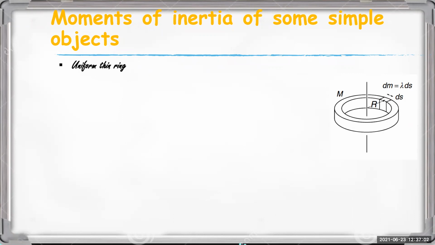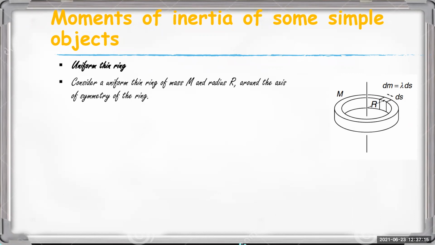Let the mass of it be m and its radius be capital R. Here we consider, as it is very thin, we can consider it as something like a wire that is shaped as a ring.